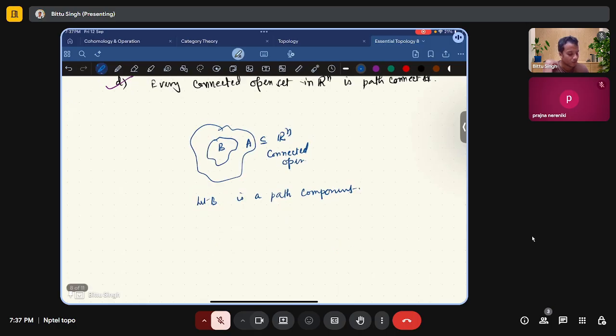Then we will prove that B is open and the complement of B is also open. So note that A can be written as B union complement of B. So our claim is that B is open and the complement of B is also open. So how do you see that B is an open set?